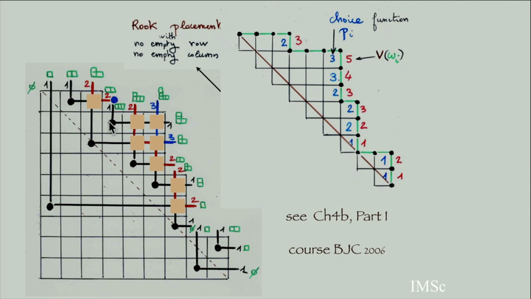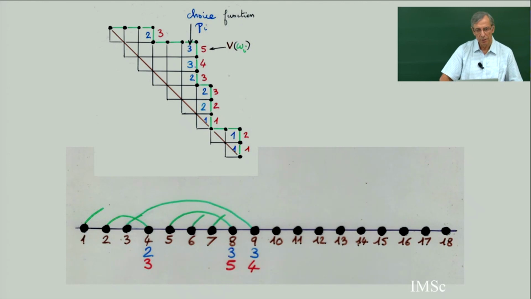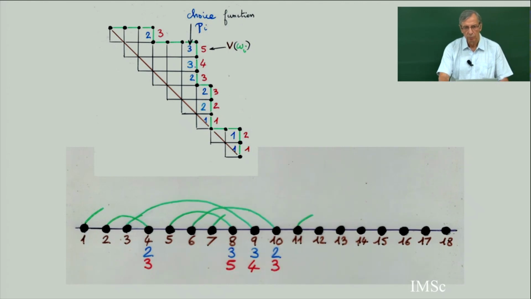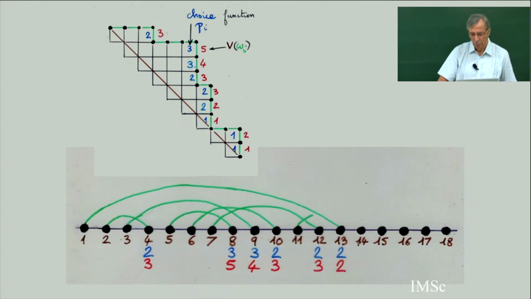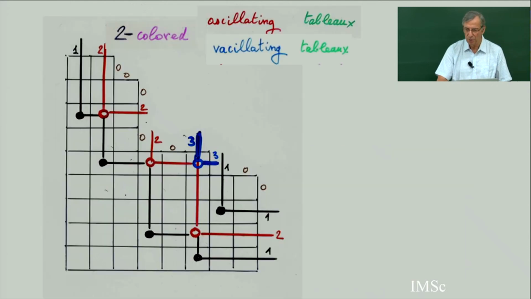Once the rook is positioned, there is no possibility to put any rook below, and this is translated exactly by this diagram and by this construction. And at the end you get exactly an oscillating tableau, which is involved in representation theory, in bijection with involutions with no fixed point.